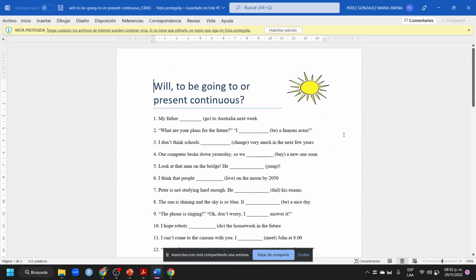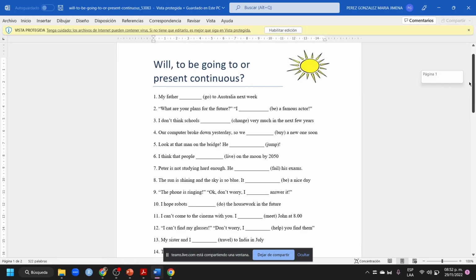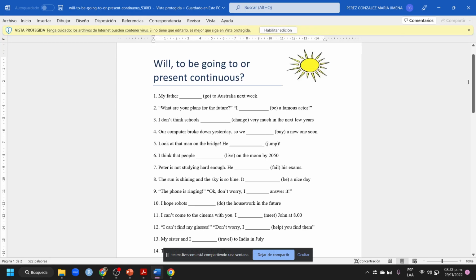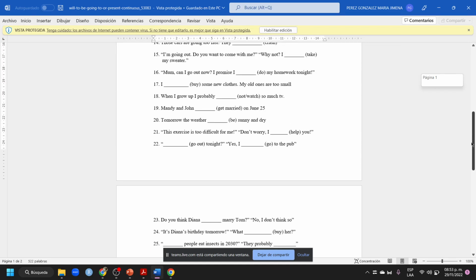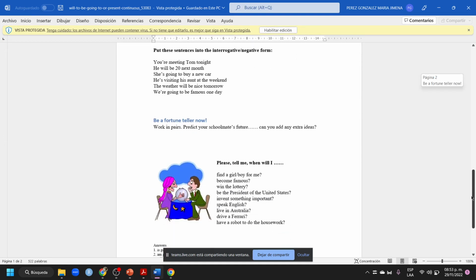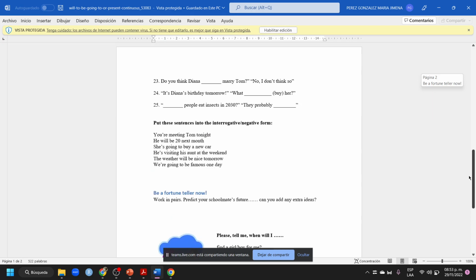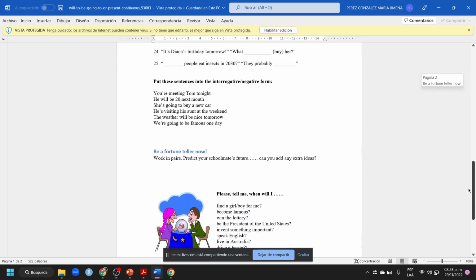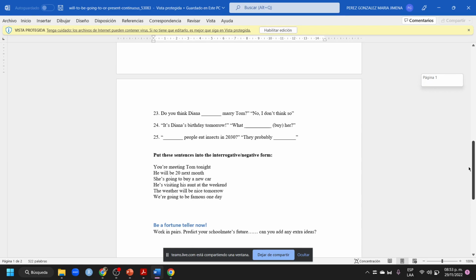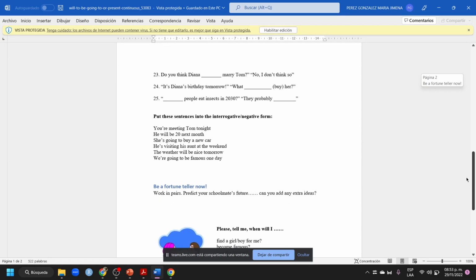Okay. Can you see my screen? Yes. Okay, we have will, to be going to, or present continuous. This is a really long activity. Change into interrogative and negative form.